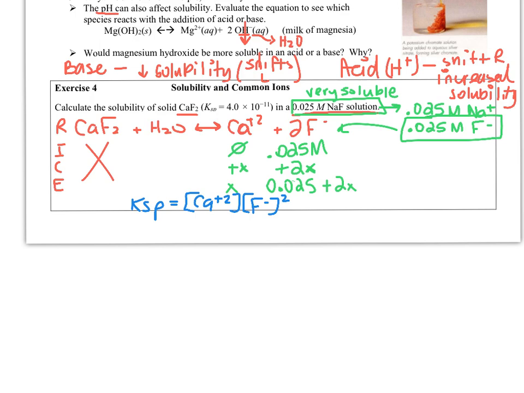So we're going to have our KSP, which is 4.0 times 10 to the negative 11, going to equal X times 0.025 plus 2X. Now, this could get really complicated. What we could do is, once we distribute the X in, we could solve with the quadratic formula.